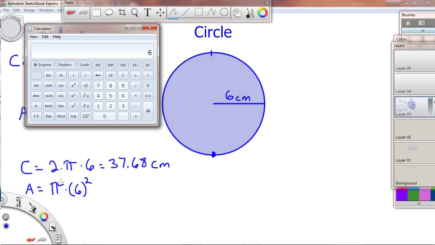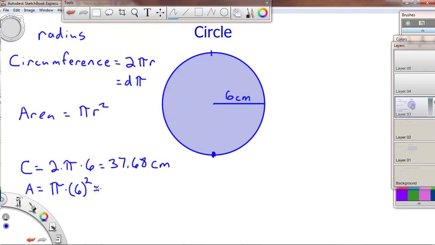So that'll give me 6 times 6 times 3.14, 113.04. Now that's not an area yet. How do I say area? Well, we're going to be talking about square centimeters. Okay, so circumference, centimeters, area, square centimeters.